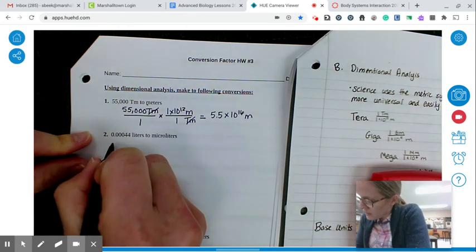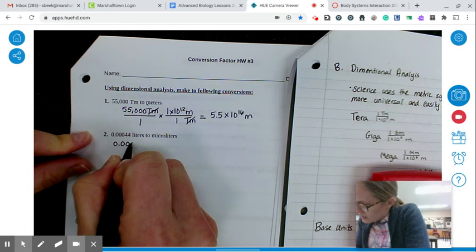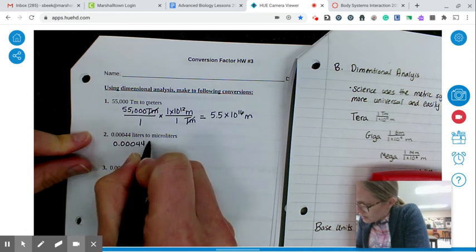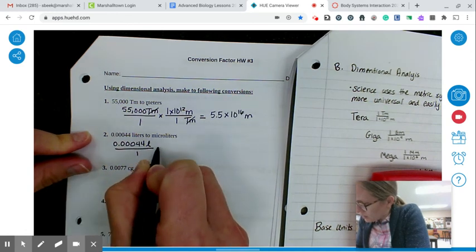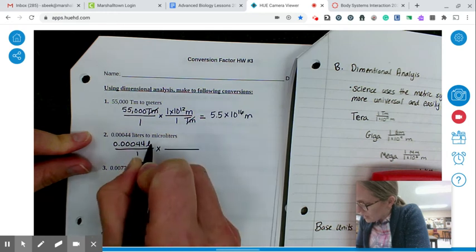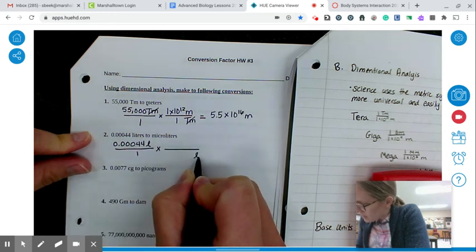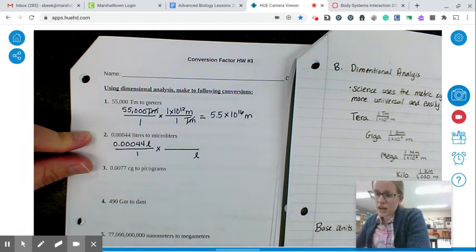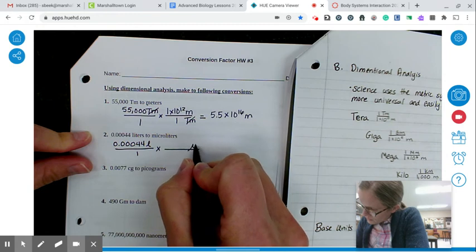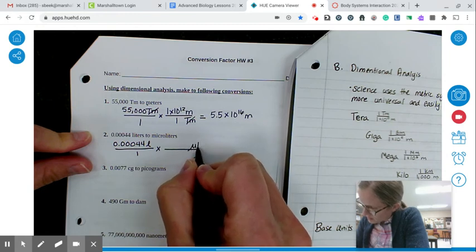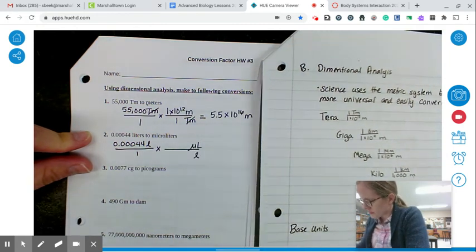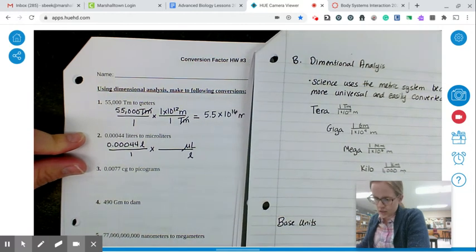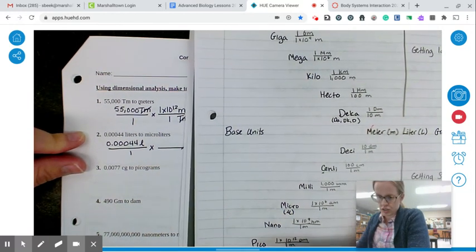On the second one, I put my given over 1, and then I take my label and I put it down here. And now I'm already at the base unit, so I can go ahead and put microliters up here. And then I check my chart.